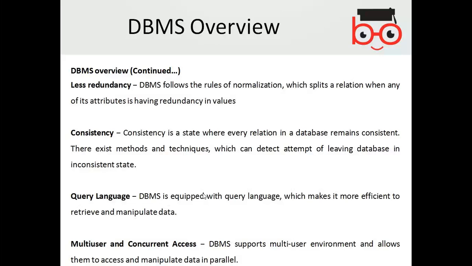So there won't be any problem of inconsistency. There will not occur any inconsistency or problems while the data is being accessed by many users at one time. For example, if you want to view the item description, then the item description could be accessed by many users.